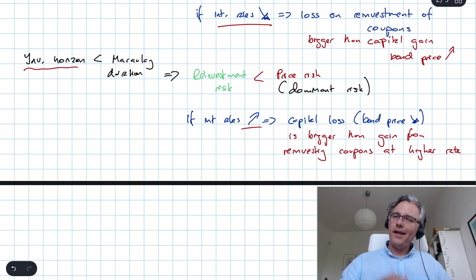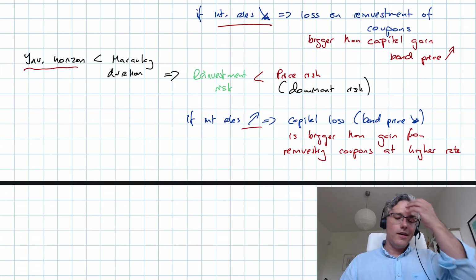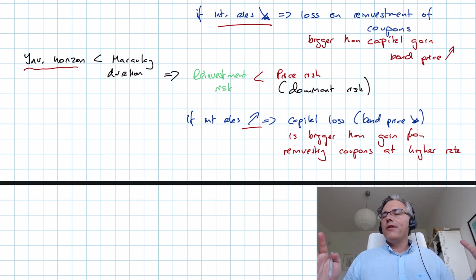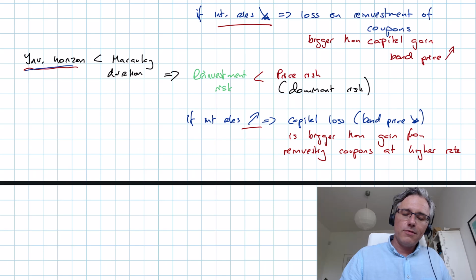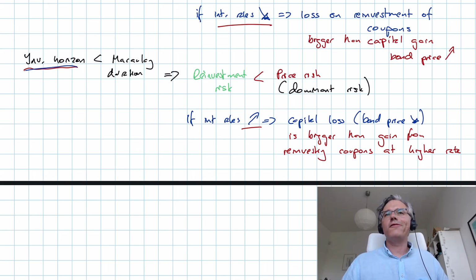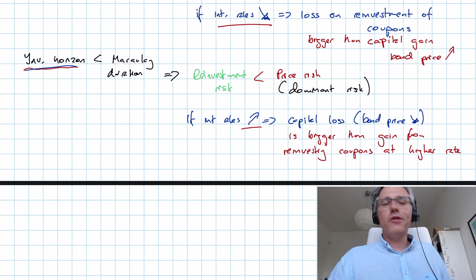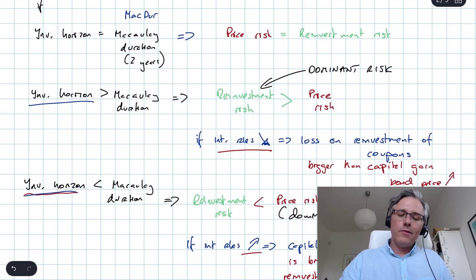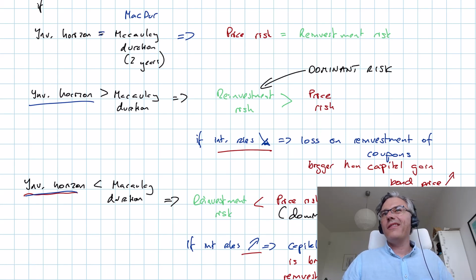However, on the other hand, it will be a good thing if interest rates go up, in the sense of having a longer period in which interest rates are doing more of the work in terms of the reinvestment. However, if your investment horizon is not long enough, shorter than the Macaulay duration, then this will not suffice. When your investment horizon is exactly equal to Macaulay duration, the two are perfectly balanced.